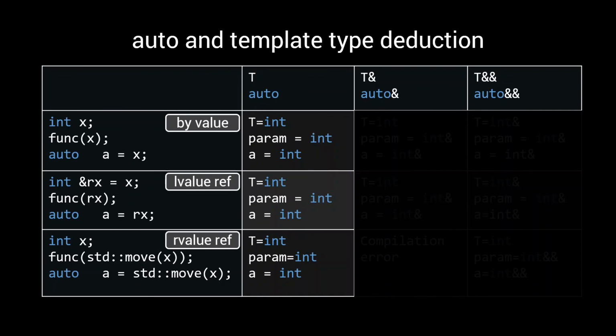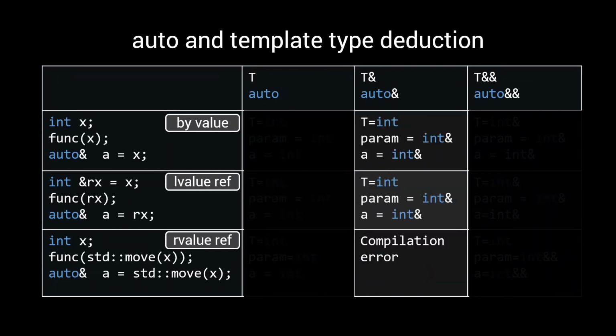If we accept our input by lvalue reference, then in both the value and lvalue reference expression case, we see that our parameter type, as well as the type of the variable a, become an lvalue reference to int, but the deduced type t is just an integer. Of course, if we try to assign an rvalue reference to an lvalue reference, we get a compilation error.